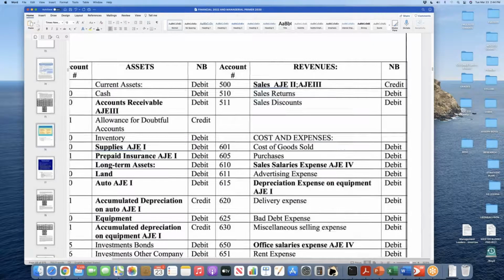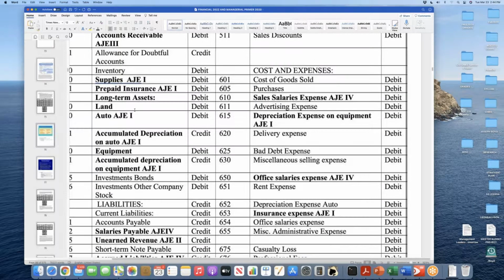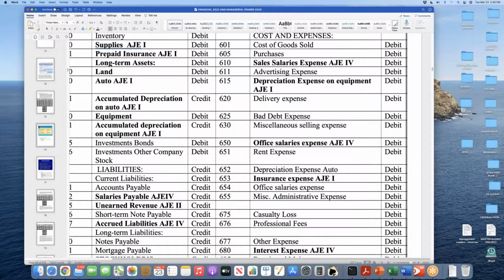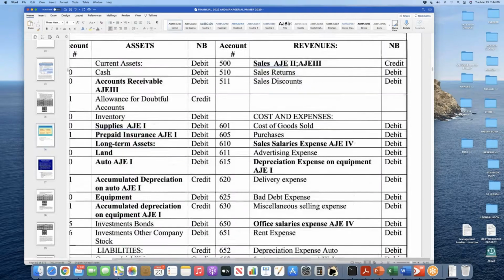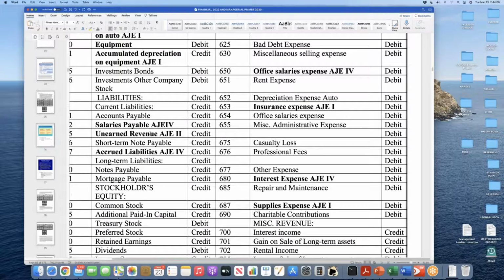Here's your chart of accounts, where you have the assets and liabilities on the left and the expenses on the right. And you notice something that I've done here with the unearned revenue. I'm saying that that account goes with AJE2.